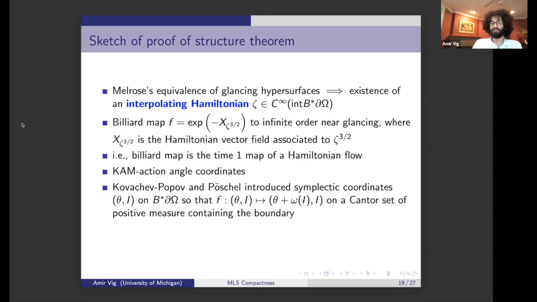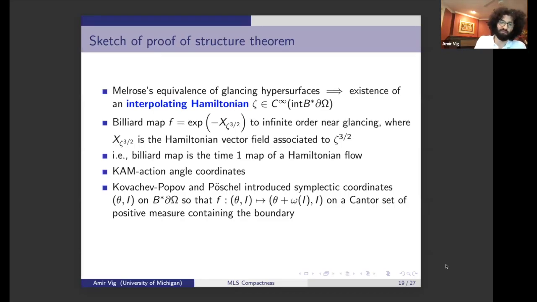These are due to Kovachev and Popov, and based on earlier work by Pöschel. They're symplectic coordinates theta, I, such that the billiard map is conjugate to a rigid rotation in those coordinates. You keep the same I, that's your action variable, and your theta just goes to theta plus a rotation. And this holds at least on a Cantor set of positive measure containing the boundary.